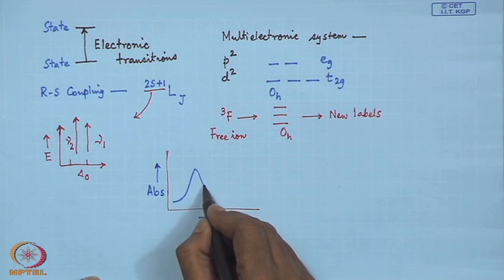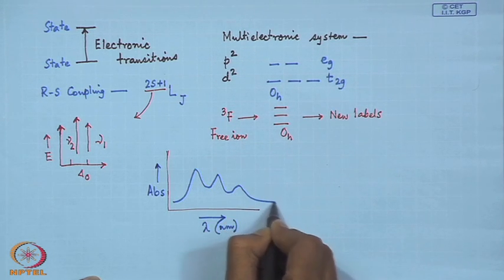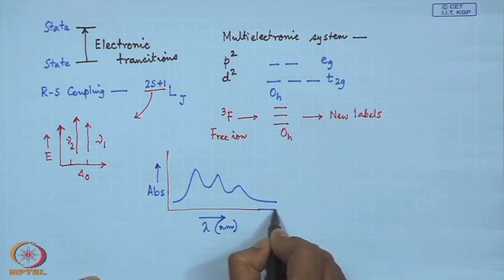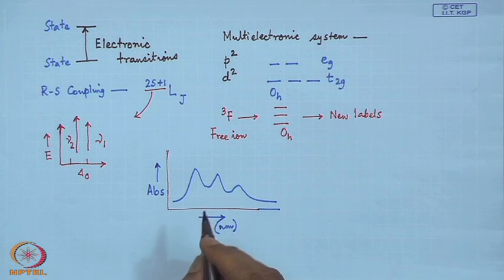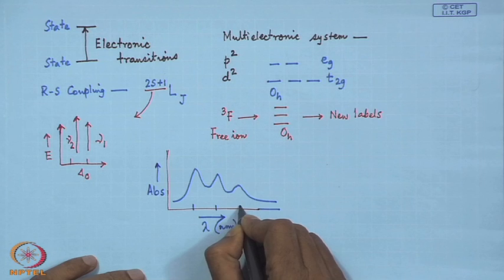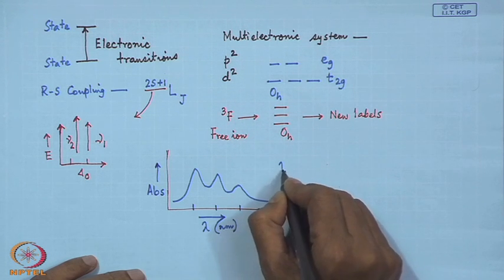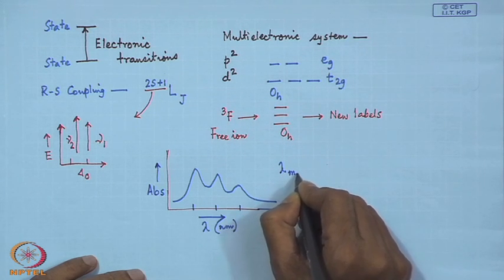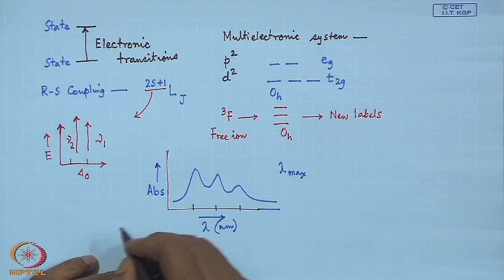So, if we have the spectrum in this fashion, we get the corresponding lambda values, and these values will be known as the corresponding lambda max values.